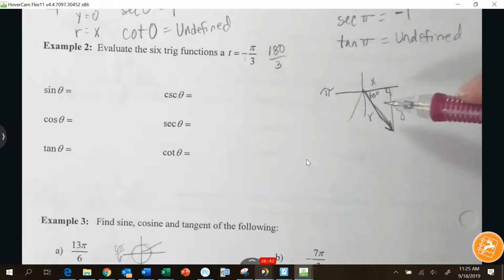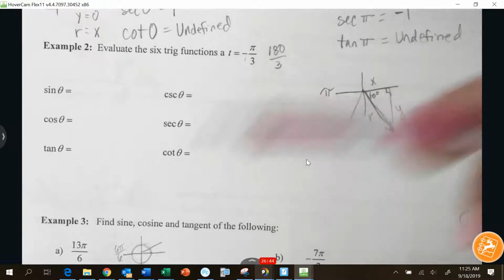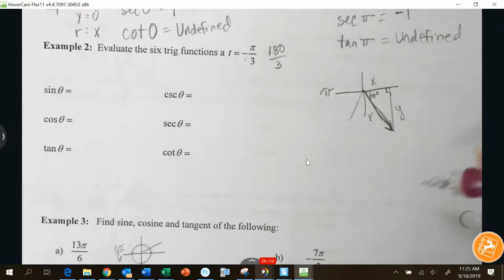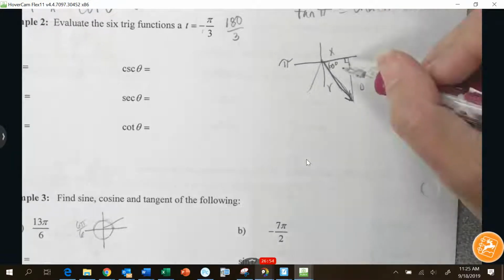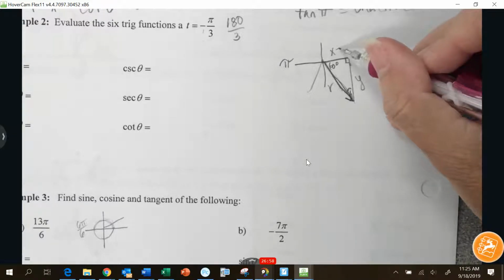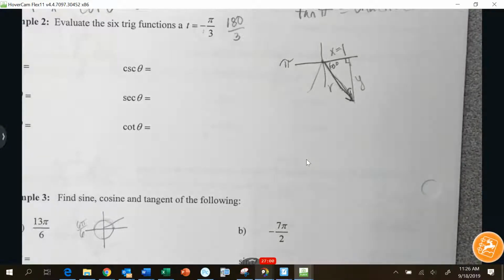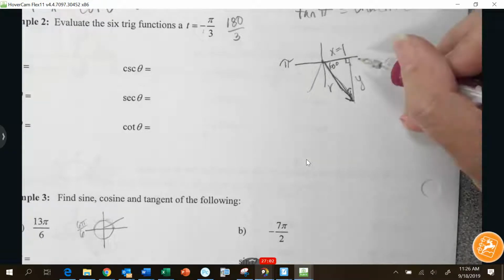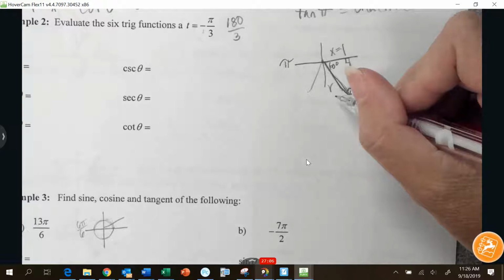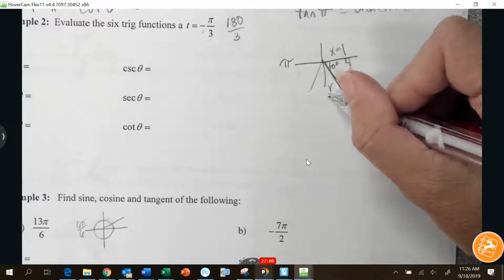Now I have to find the sine, cosine, tangent, and the other 3 of 60 degrees located in the 4th quadrant. So until I have all that memorized, maybe I write in my numbers. Across from 30 degrees is the smallest side. So the 1 is going to be my x value. And then my hypotenuse is the 2.